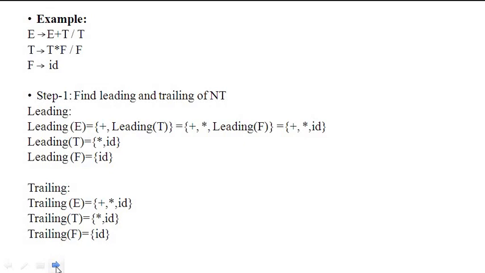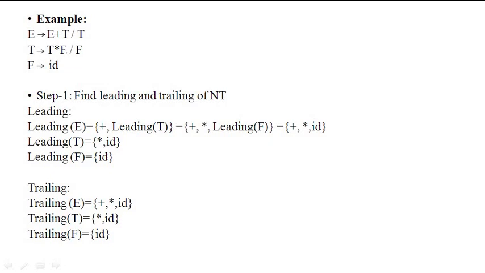Next is another example of operator precedence. Grammar: E gives E plus T or T, T gives T star F or F, and F gives ID. So here I can find leading and trailing of non-terminal. Here three different non-terminals E, T and F. So first find leading of E. Leading of E, first terminal is plus.